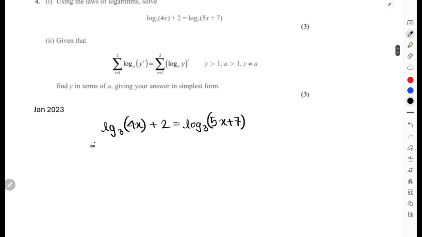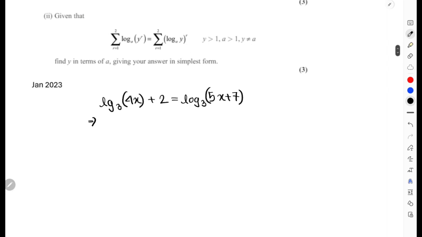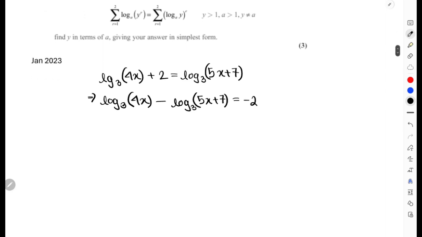From this point, what you can do is that as both of them have the same base, you can just take the same bases logged together, log base 3 of 4x minus log base 3 of 5x plus 7. That will be equivalent to minus 2 now, because we're moving that log to the other hand side. And then again, subtraction in logs means division.